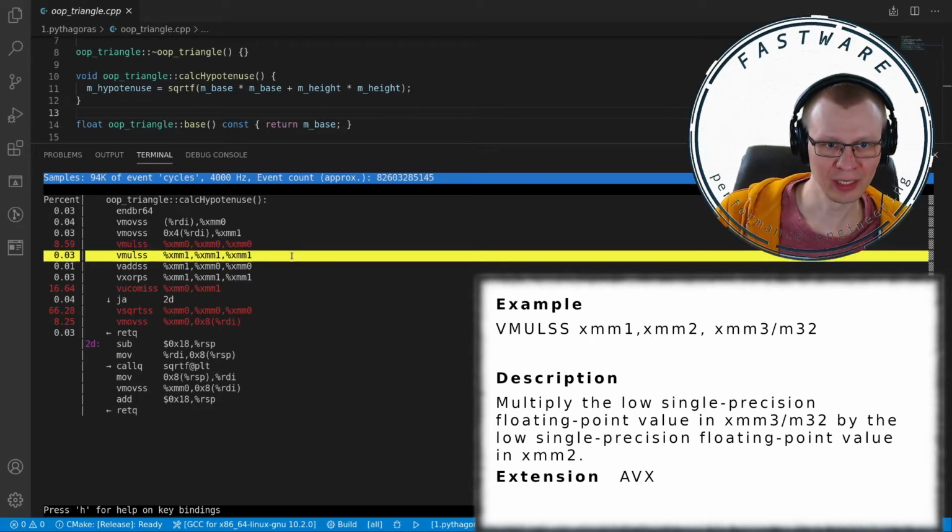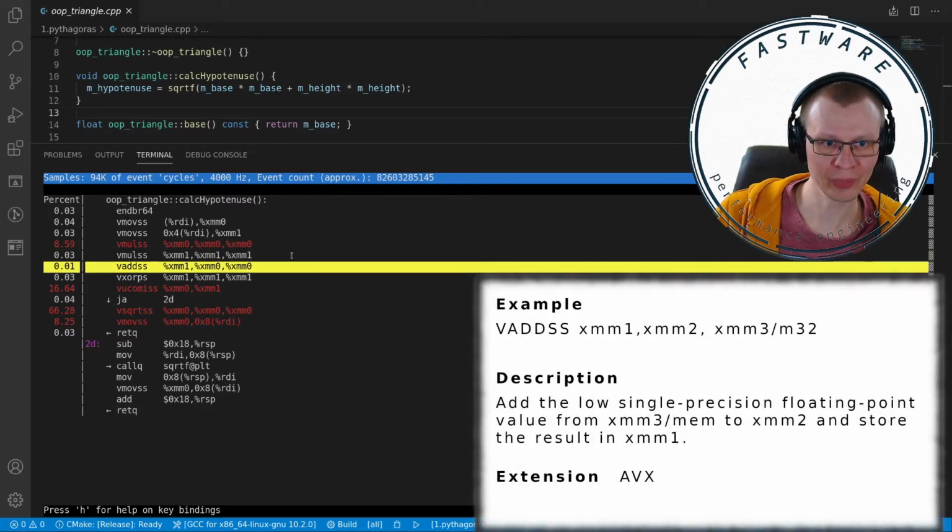The next is multiply height times height and store back into the height register. Now next is the add instruction, vector add single precision. You add XMM register 1 plus XMM register 0 and store it back into XMM0.